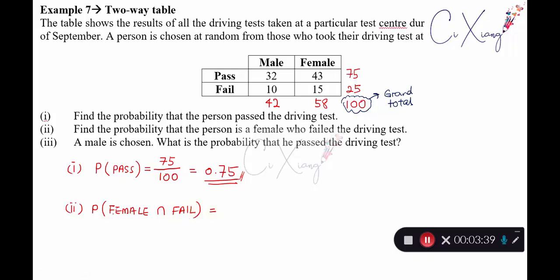To get the total for females who failed, you need to look for the intersection cell between female and failed, which is 15. Therefore, I have 15 over the grand total, which is 100, and it equals 0.15.